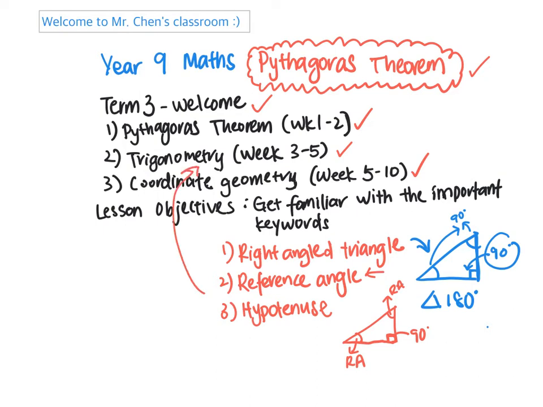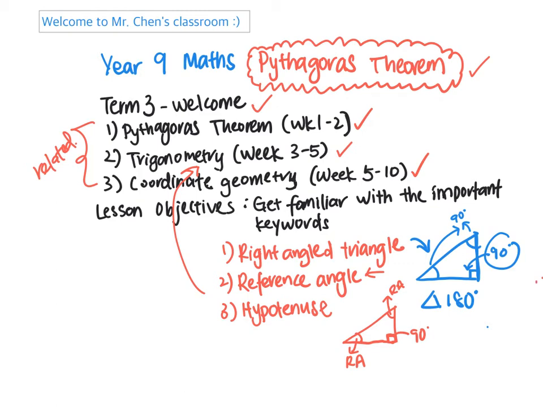So these three are all related, and you will need them. They go hand in hand, but don't worry, I will teach you as we go. We've got the right angle, the reference angle, and a right angle triangle.